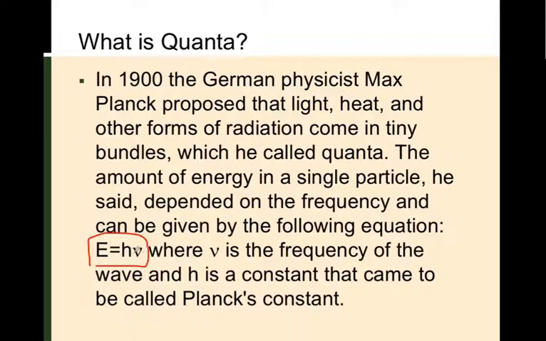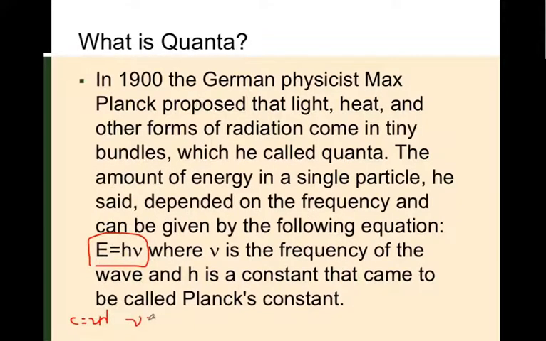And it helps to relate energy to frequency and also to the wavelength, because remember the wavelength can be found using this relationship here, where the speed of light is equal to lambda nu. So the wavelength times the frequency is equal to the speed of light. If we rearrange this, we get it in terms of nu.